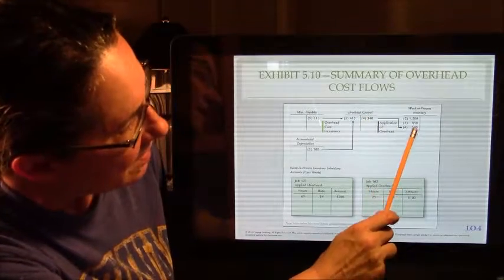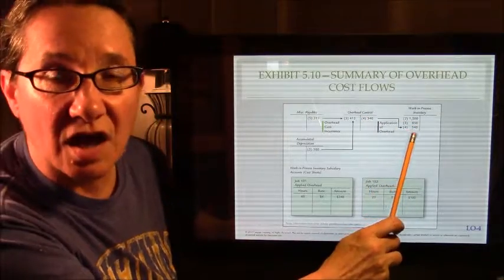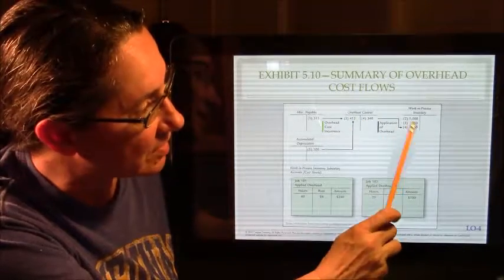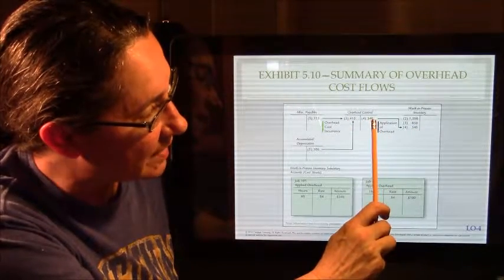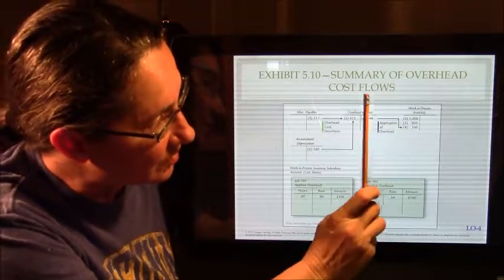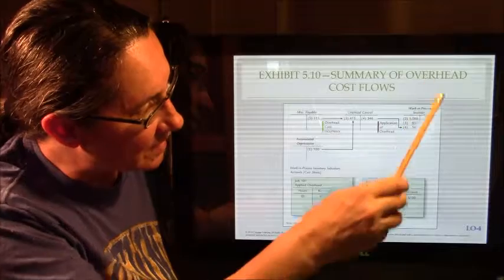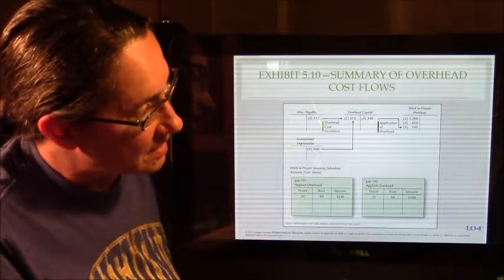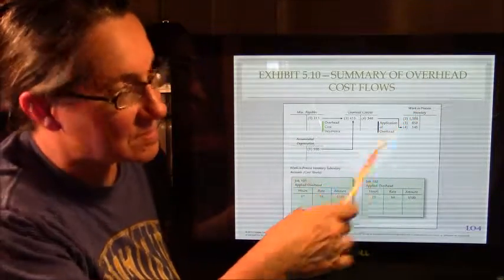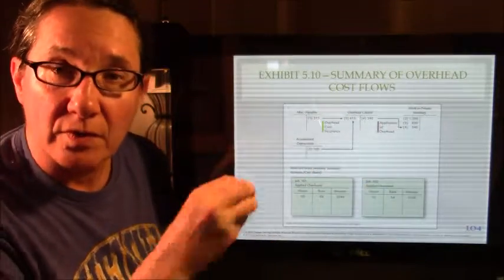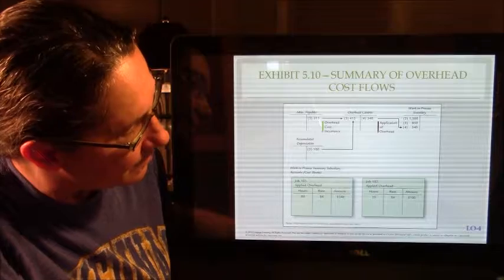Then, at the end of the job, when we need to move that overhead according to the rate into work in process, then we just go ahead and credit overhead control and debit work in process. So now we've got our direct materials, direct labor, and direct overhead in work in process. So when that thing is finished, we can move it out in total to finished goods.